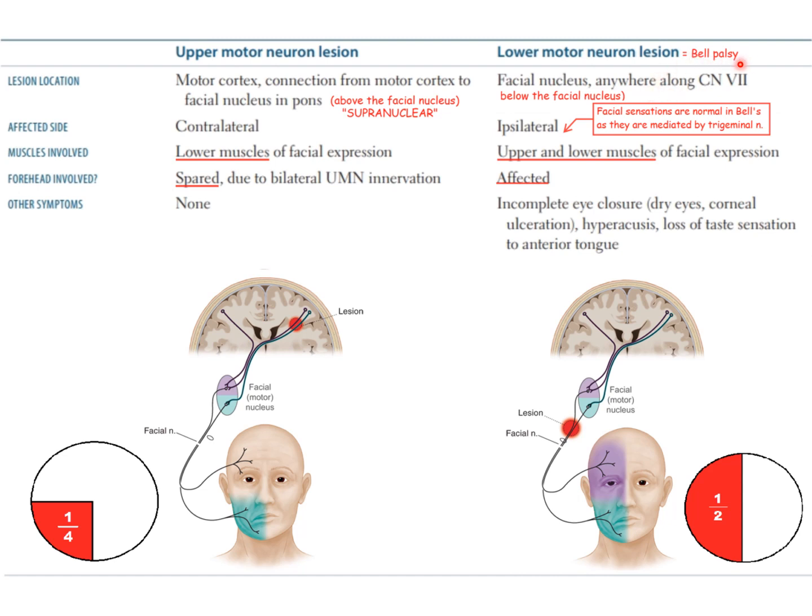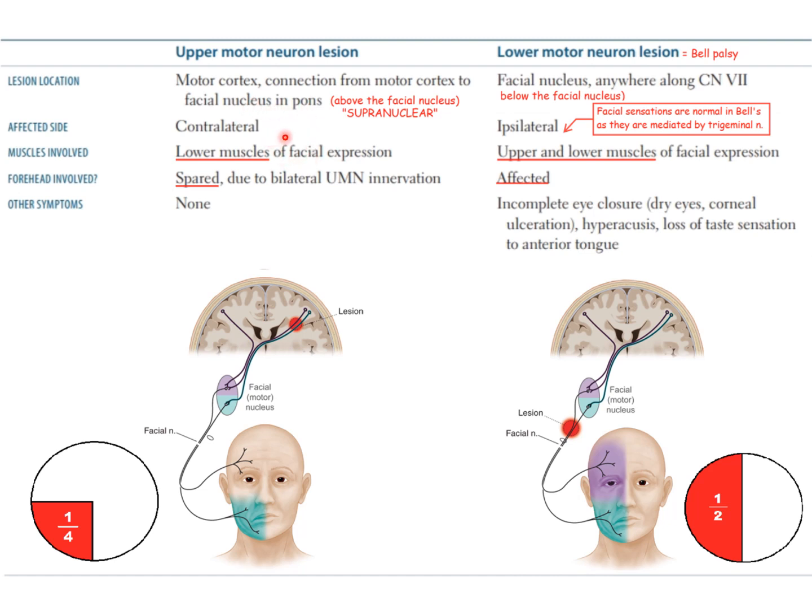Bell's palsy is a typical example of lower motor neuron lesions because the site of damage is the facial canal, which is well below the facial nerve nucleus. On the other hand, if a cerebrovascular accident or stroke involves the motor cortex, it is going to present as an upper motor neuron lesion because the site of damage is superior to the nucleus of the facial nerve in the pons.